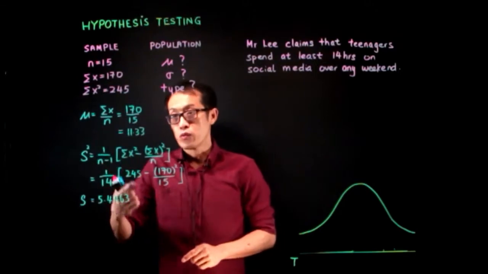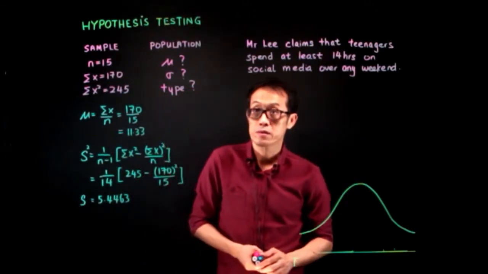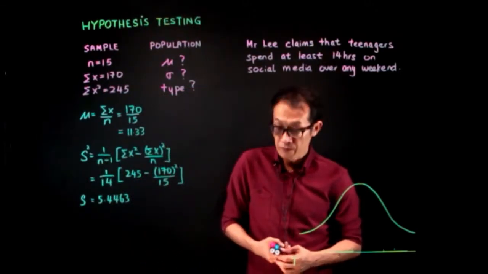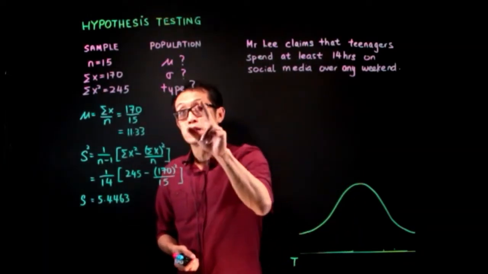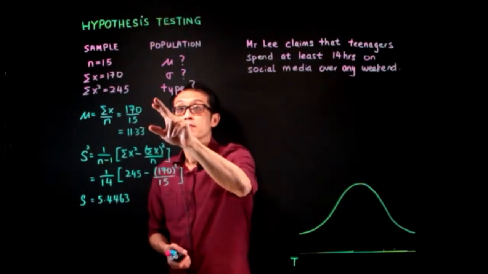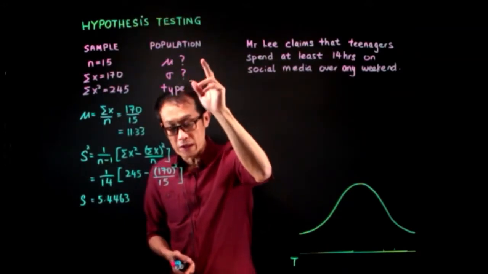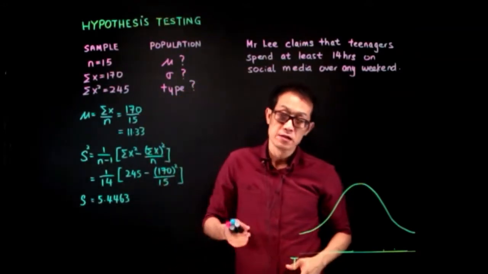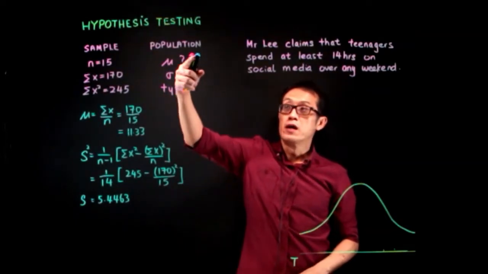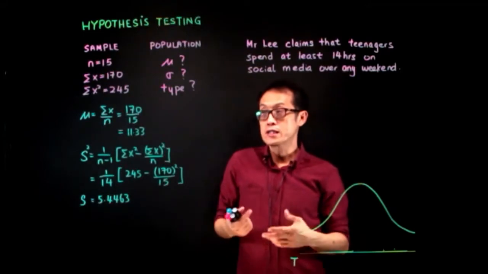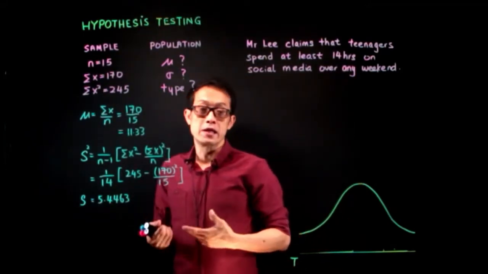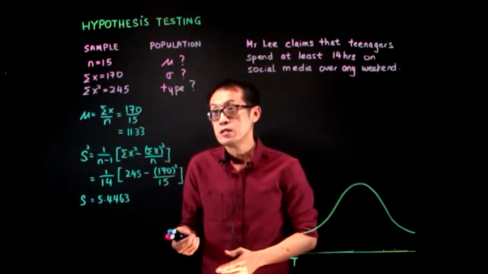Now from this, we want to know the distribution of x bar. But because we do not know what kind of distribution the population has, we are stuck by the limited information.